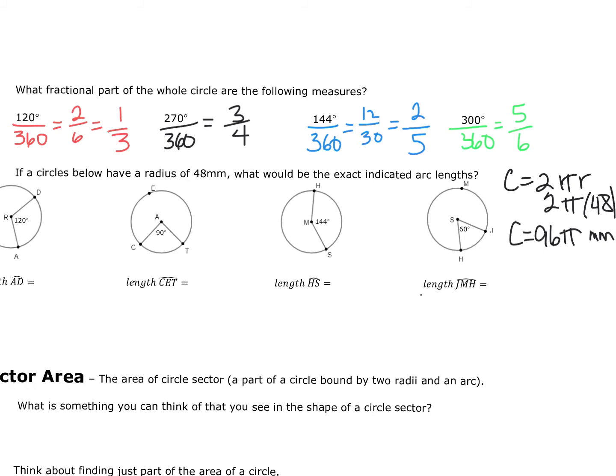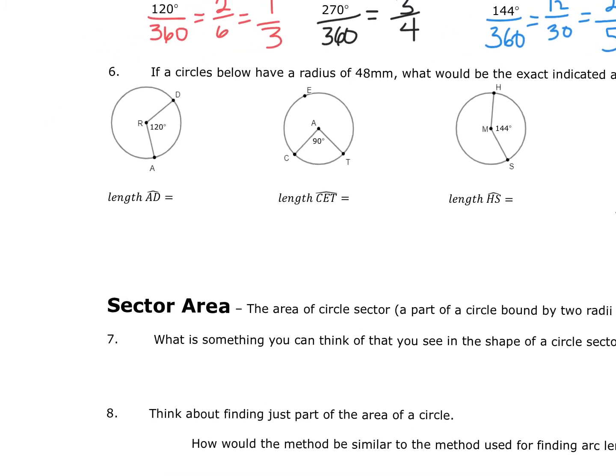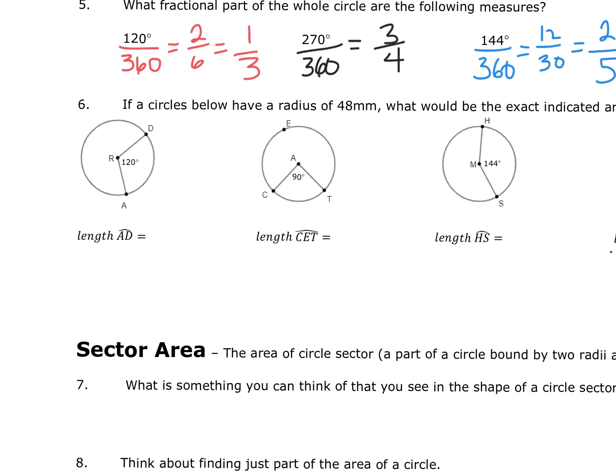Here, when we have 120, we already learned that that is 1/3 of the circle, so 1/3 times our 96 pi is going to give us 32 pi as the arc length, and that's in millimeters.